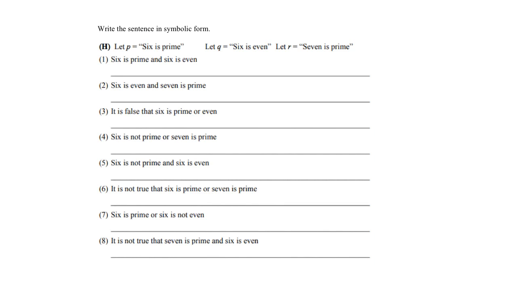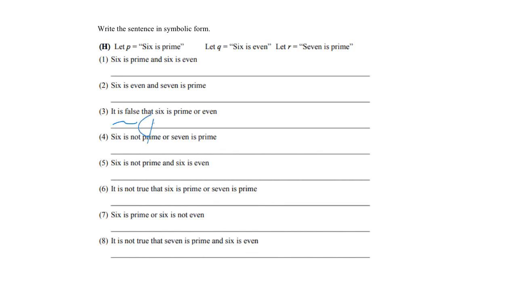When you see a statement like it is false or it is not true at the beginning, what that's going to do is it's going to put the tilde, the not symbol, in the front, and then we're going to need parentheses. So let's look at number 3. It is false that 6 is prime or even. We're going to put the not symbol, it is false, and then we're going to have parentheses, and we're going to show 6 is prime.